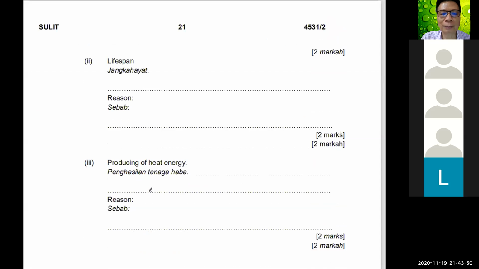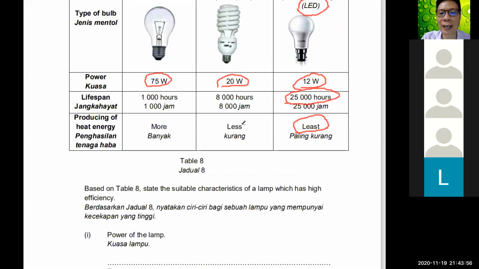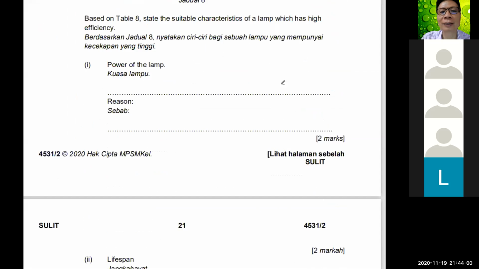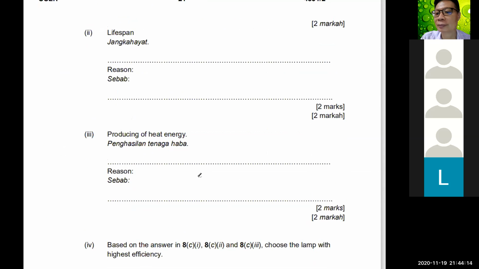And the last one, producing heat energy. What do you say there? Producing heat energy: more, less, least. So which one to choose? Chan Wen Kang, can you come out, please?